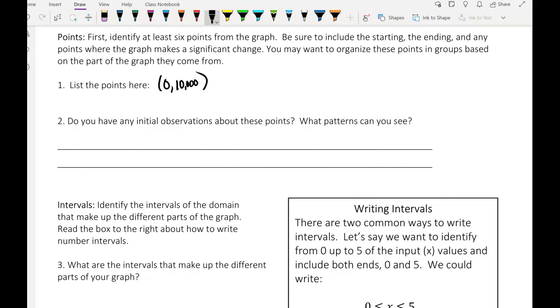Andrew, what's a point you and your group came up with? 8,510. Abby, what's a point you and your group came up with? 24,000.